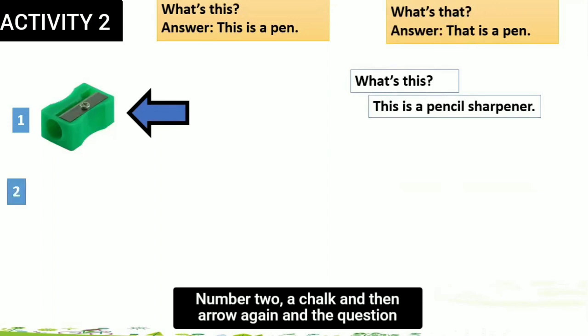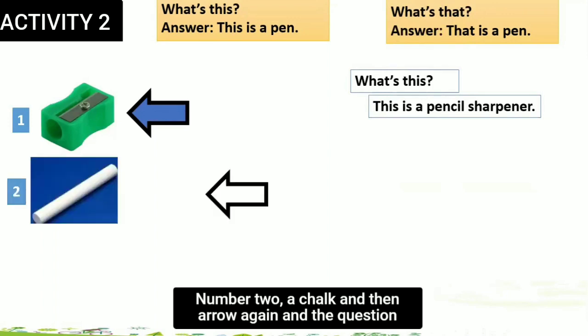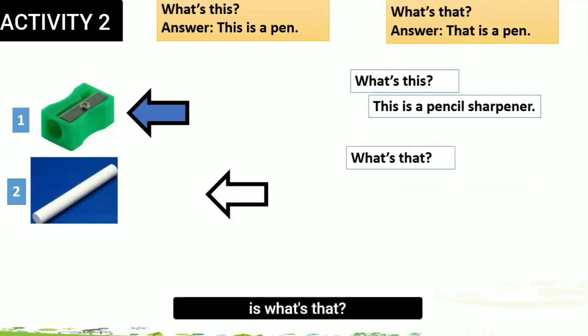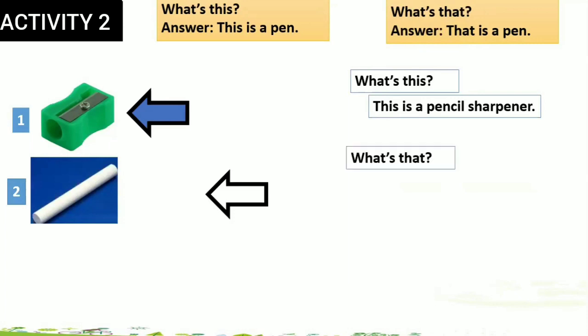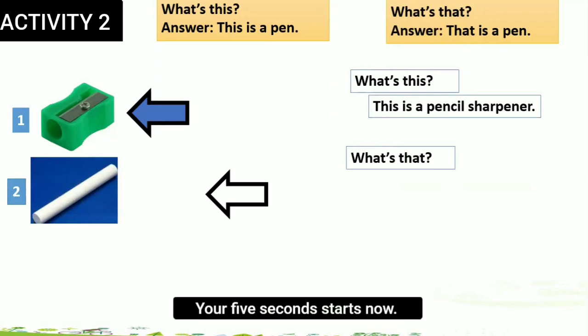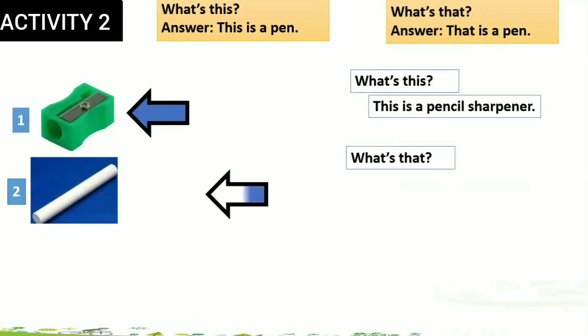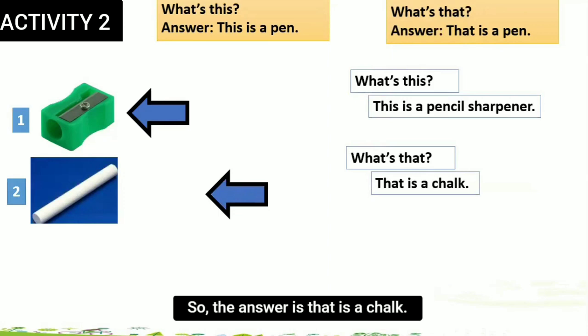Number 2, a chalk, and then the arrow again. And the question is, what's that? Your 5 seconds starts now. Time's up. So the answer is, that is a chalk.